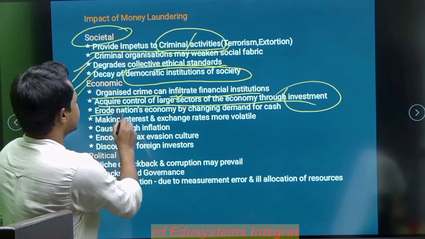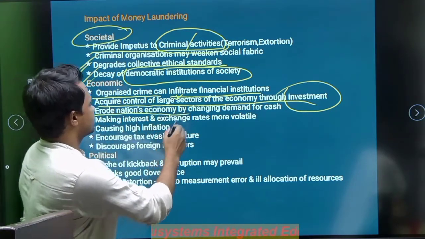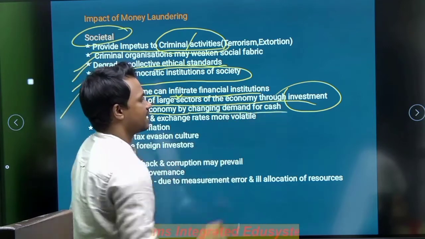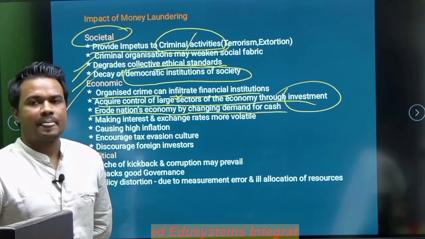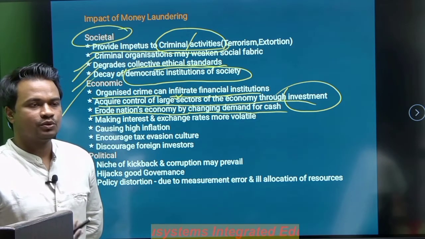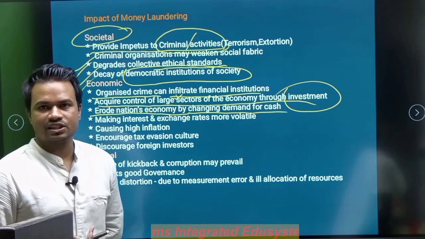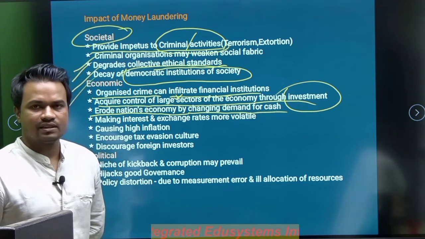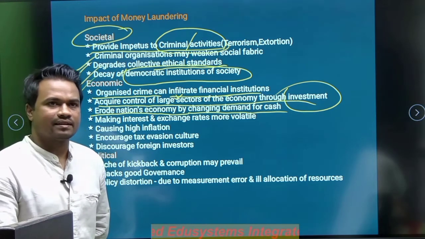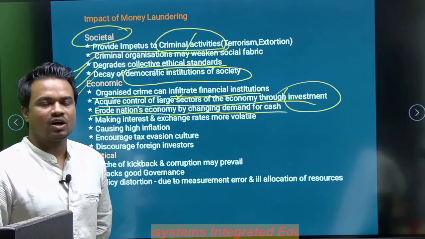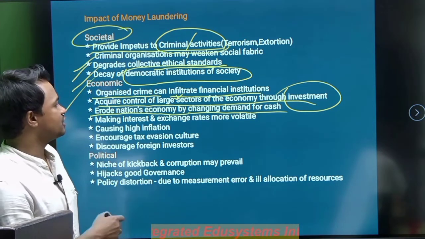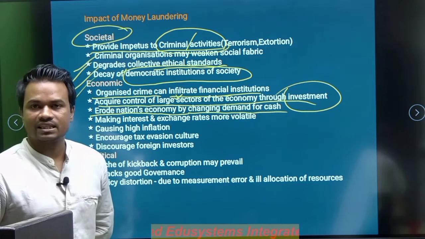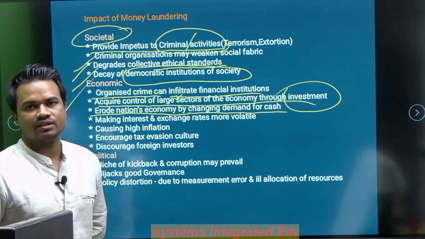Next, it erodes the nation's economy by changing the demand for cash. If laundered money is there, there are two issues: either a high circulation of cash, or they can completely suck out the entire cash from the economy. So the issue of changing demand for cash may arise as a concern for any country.